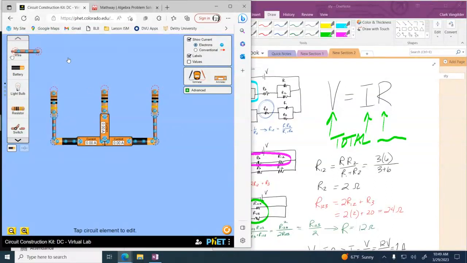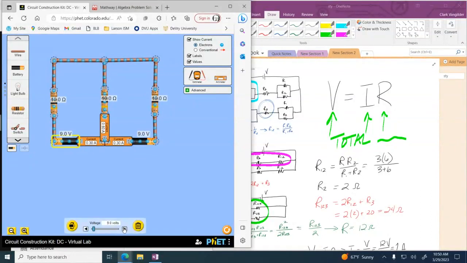All right. So just going to be a simple one. Verify. Yeah, it's just those 3 in parallel. All right, and actually I'll keep both of these at 9 volts.